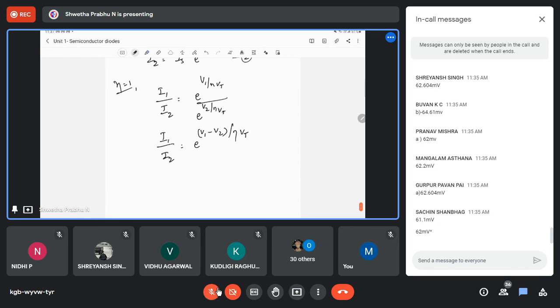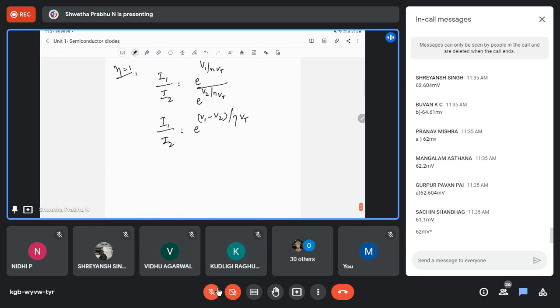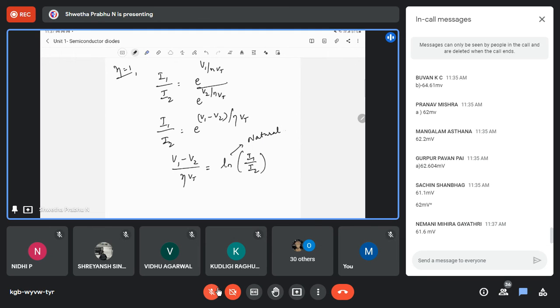If you apply natural log on both sides, V1 minus V2 equals eta Vt times natural log of I1 by I2. Ln represents natural log; you have ln in your calculator.